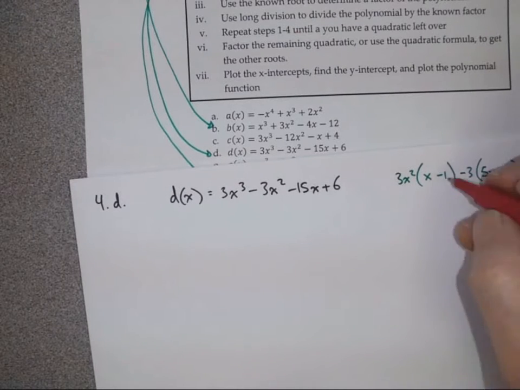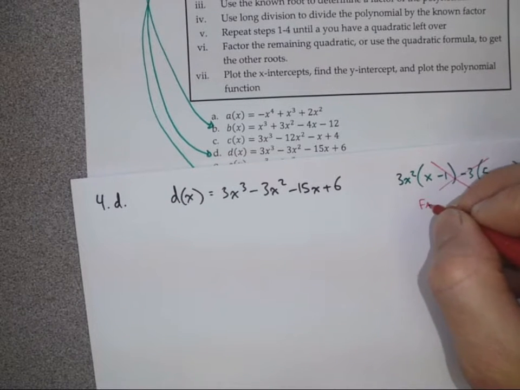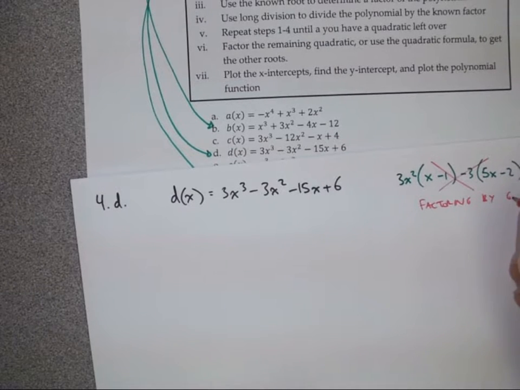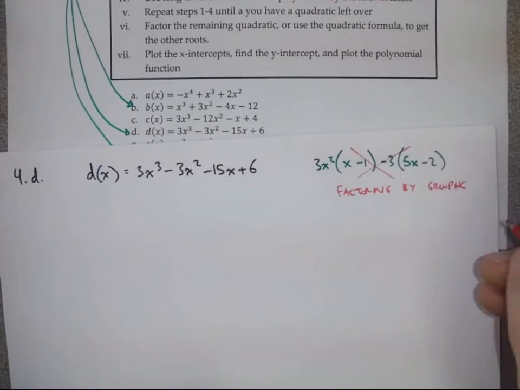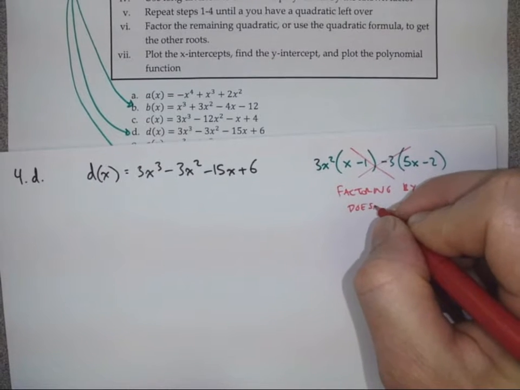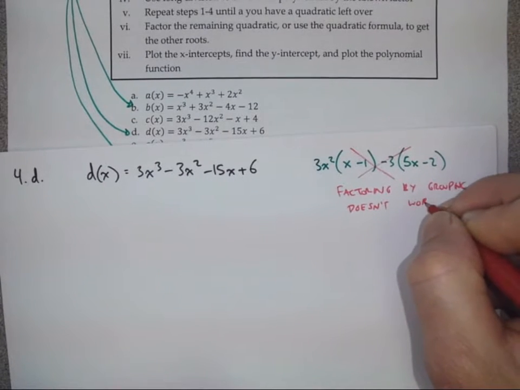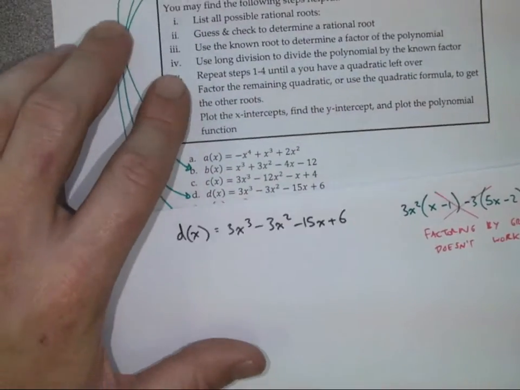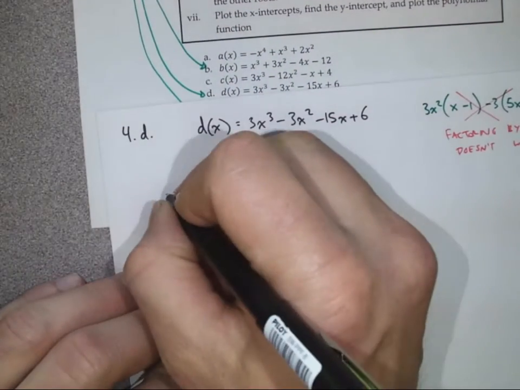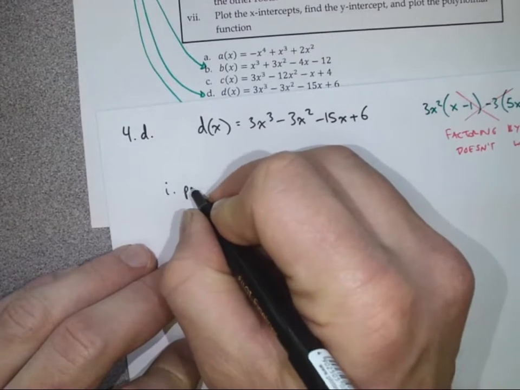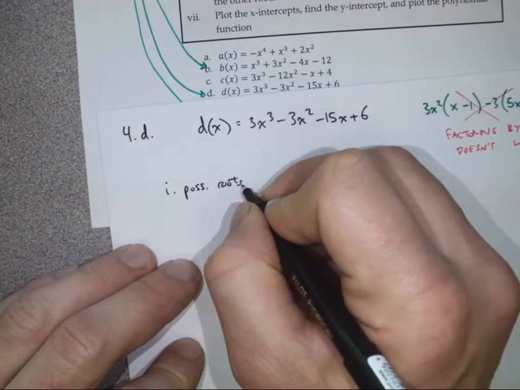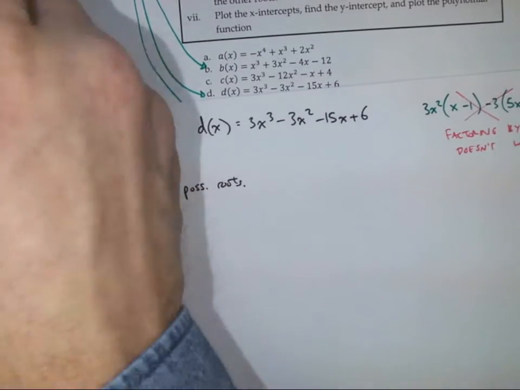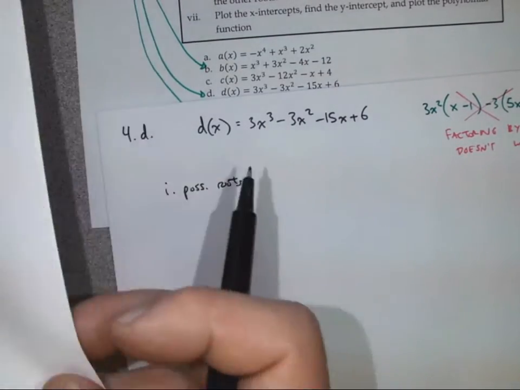Okay, so factoring by grouping doesn't work. In that case, I'm going to probably need to use some of these helpful steps here. I started by finding all my rational roots. So possible roots are just the factors of this one divided by the factors of that one, and I already wrote down those solutions earlier.